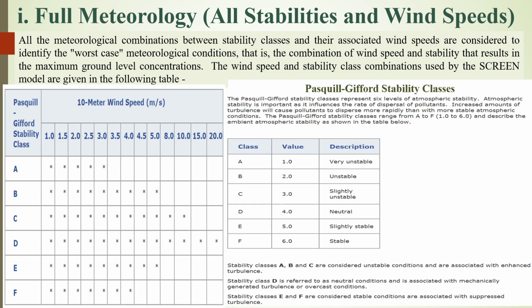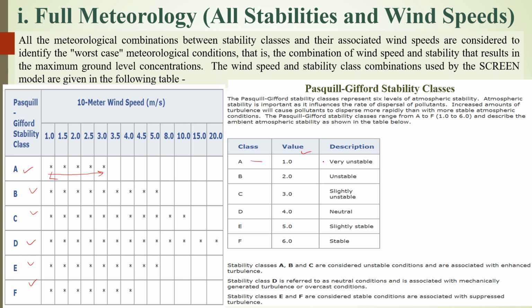So you can see the Pasquill-Gifford stability classes, there are 6 stability classes, and the wind speed is given. This is the range of wind speed for each stability class.